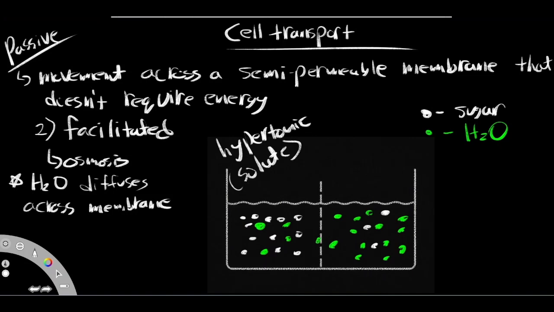There's a lot of them compared to these waters. So there's a lot more sugars. So it's hyper, there's more of these solutes. So it's hypertonic. And water always wants to go towards the hypertonic solution. And because this thing allows only water to go through, it's going to flood in that direction.